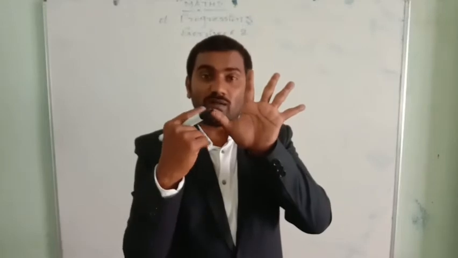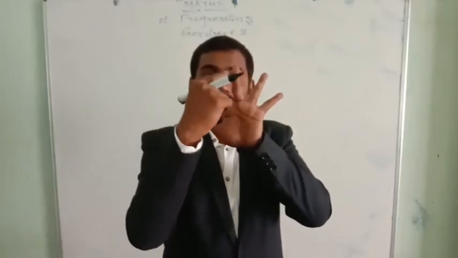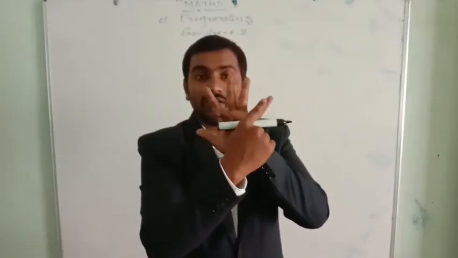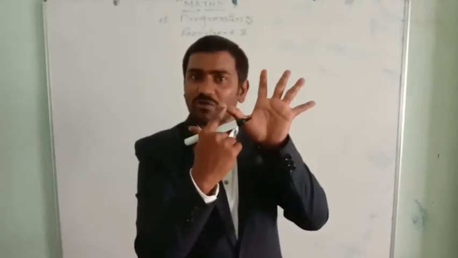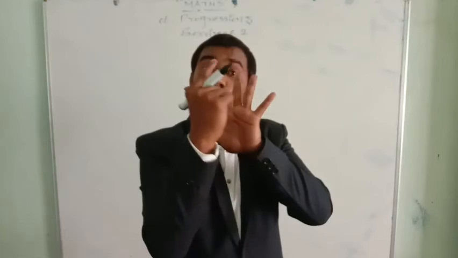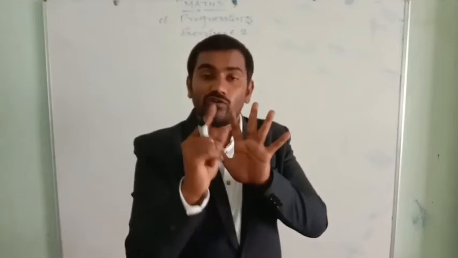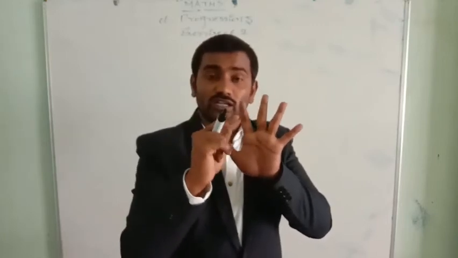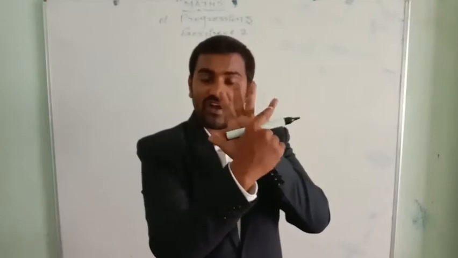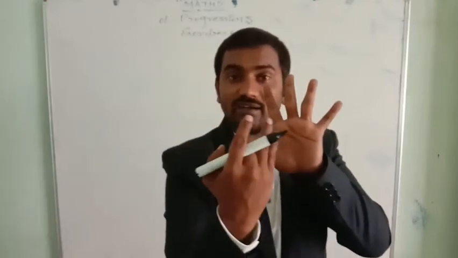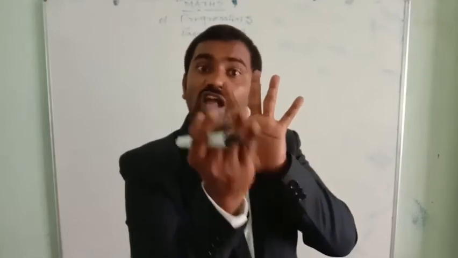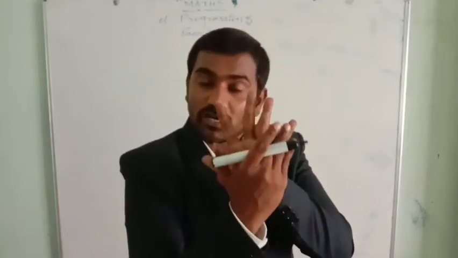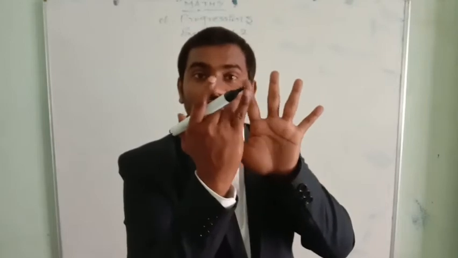See, the 5th term from the front: 1, 2, 3, 4, 5. This is the 5th term. Now the 5th term from the end: the last term also should be countable. When you are finding the 5th term from the front, 1, 2, 3, 4, 5. Now for the 5th term from the end, the last one also is a term, and we need to count it: 1, 2, 3, 4, 5.